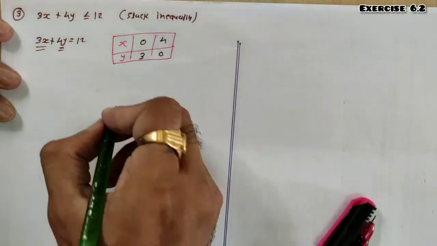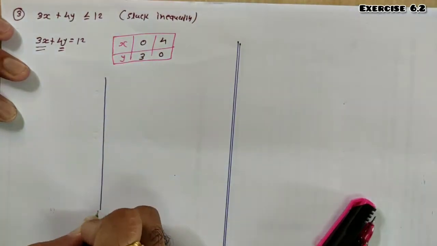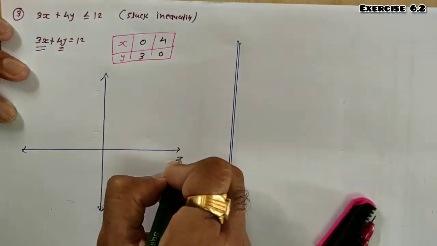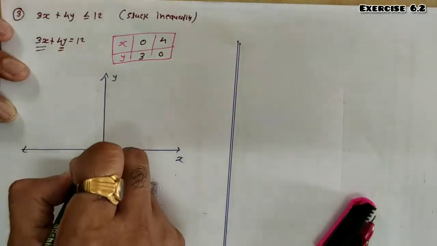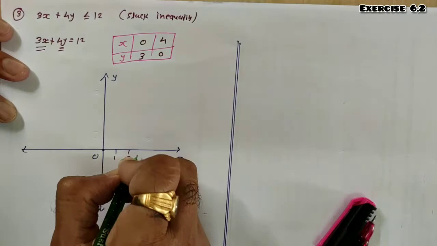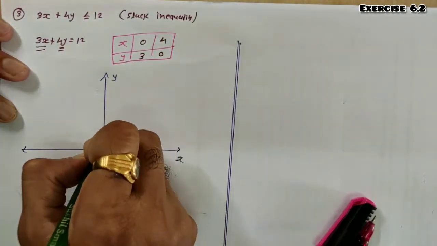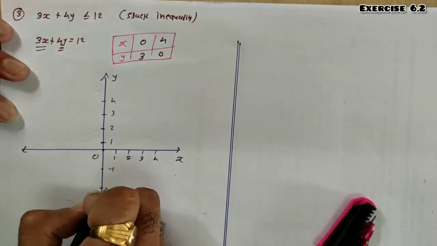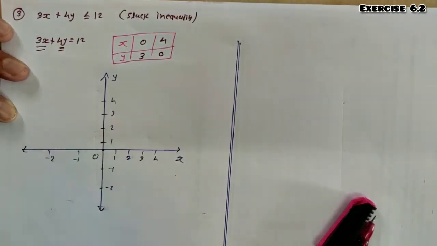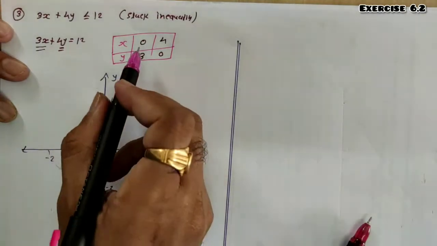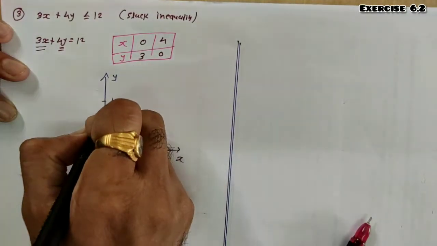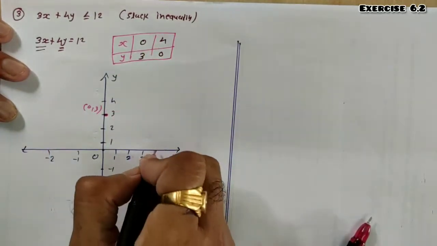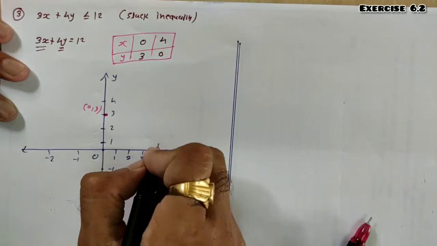So first draw the graph. The Cartesian plane is there, y-axis, x-axis. The two points on the line are first 0, 3, that is x 0, y 3, and the second point is x 4, y 0, that is 4, 0.